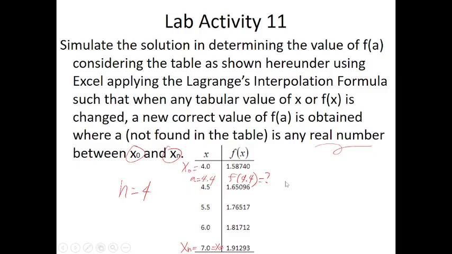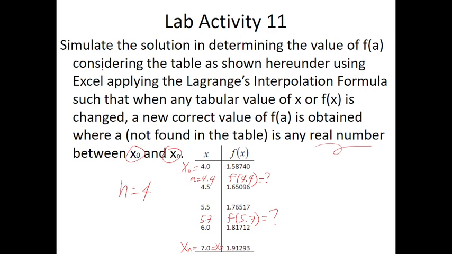Now, how about if I change it to 5.7? What is f of 5.7? You have to determine the answer also. It depends upon the manner in which you solve the problem, how you simulate.